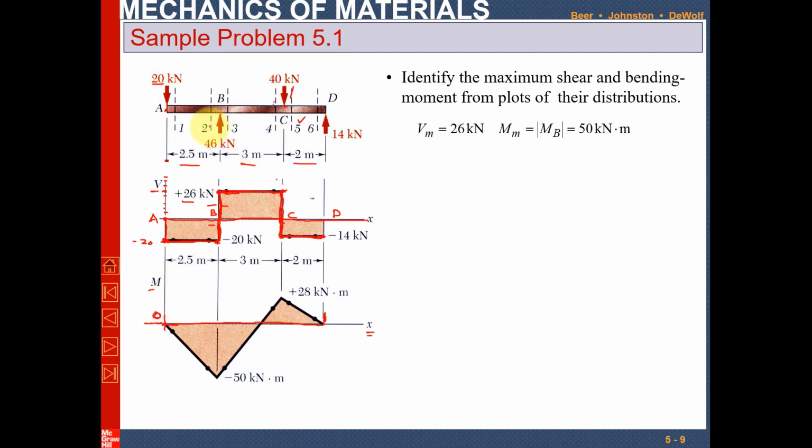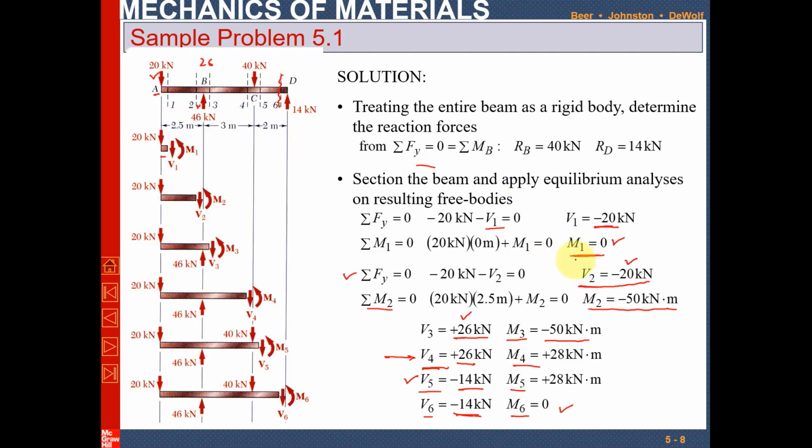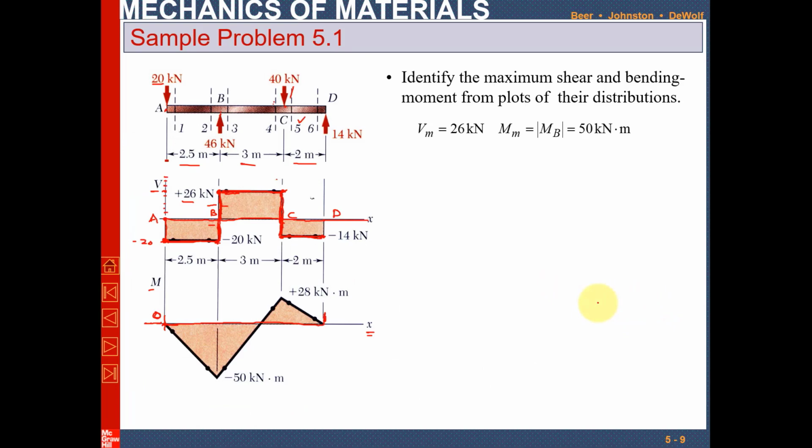Now at section 2, you can see that the moment was minus 50 kilonewton meter. When you locate minus 50 kilonewton meter, you will have divisions according to your scale. Let's say this is minus 50 kilonewton meter.